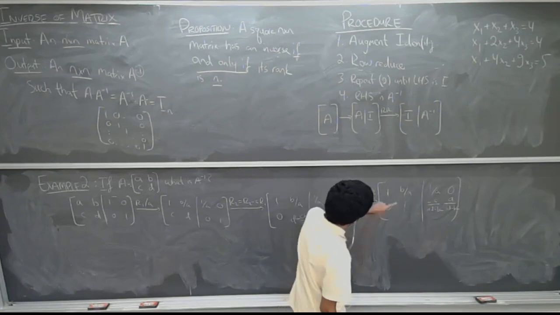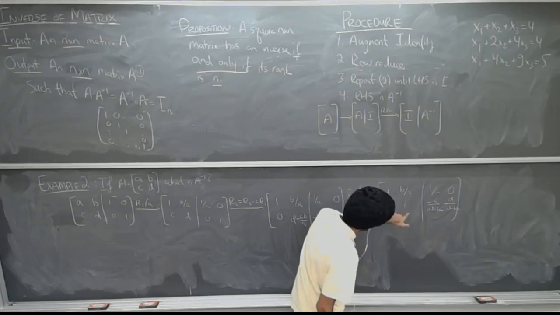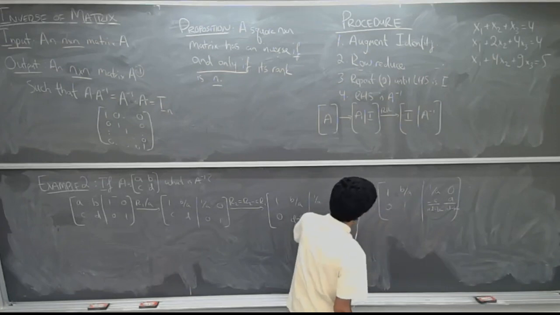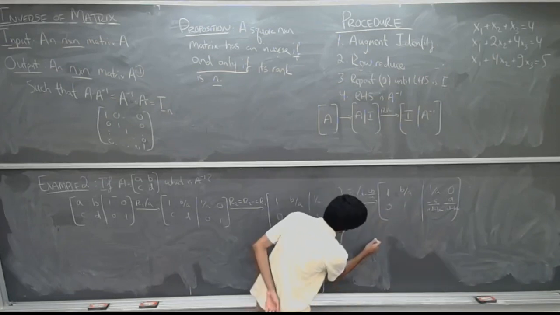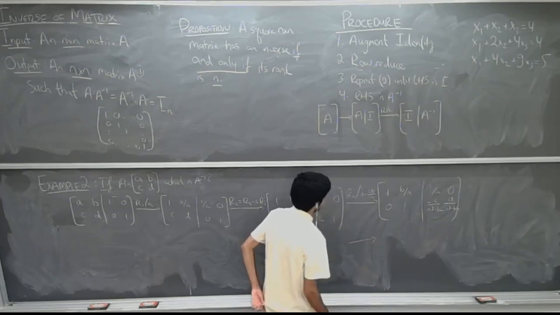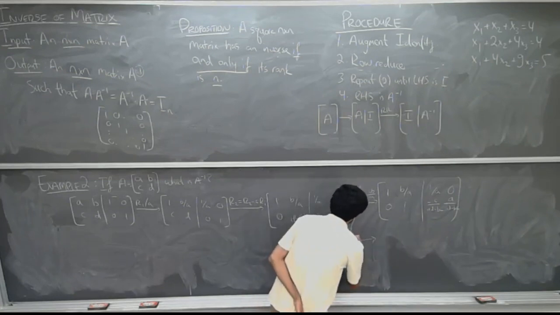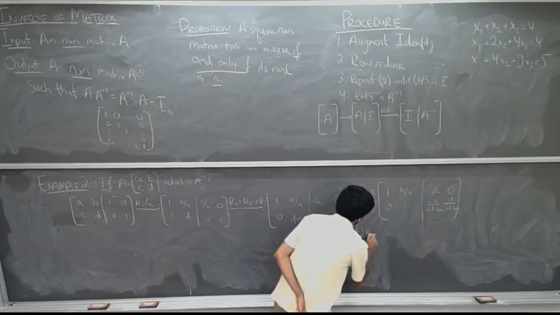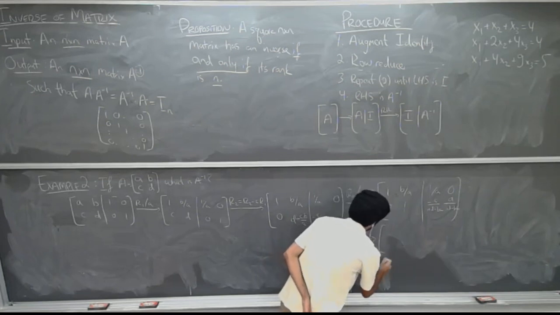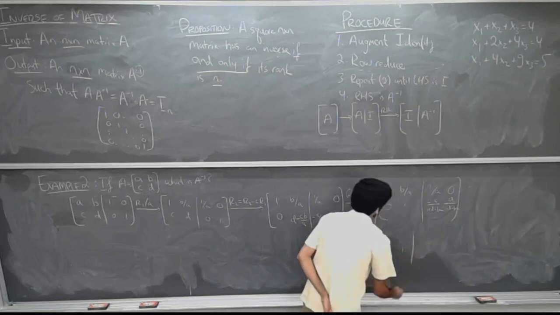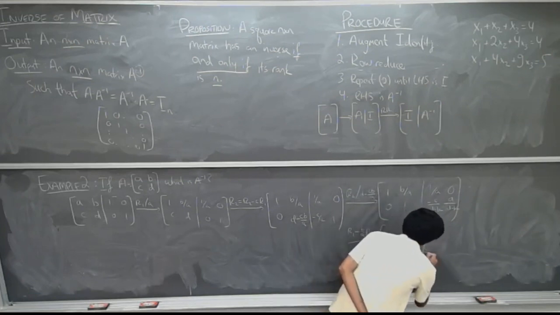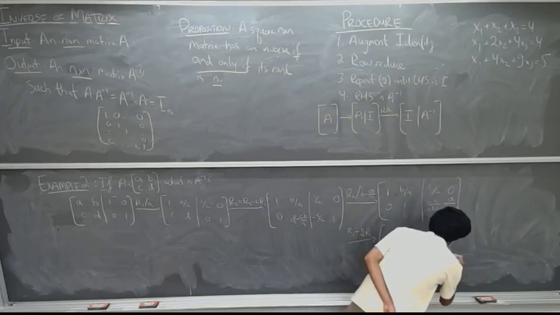We just need to make this a 0, so we'll subtract b over a copies of row 2 from row 1. I'm going to do it right below it. So row 1 minus b over a copies of row 2. Row 2 stays the same. This is negative c over ad minus bc, and this is a over ad minus bc.